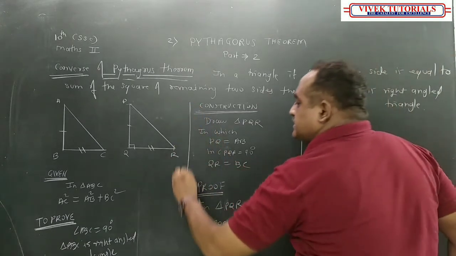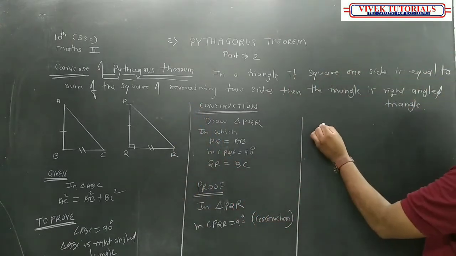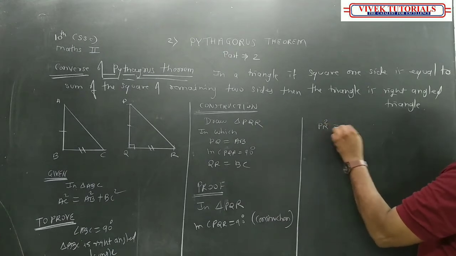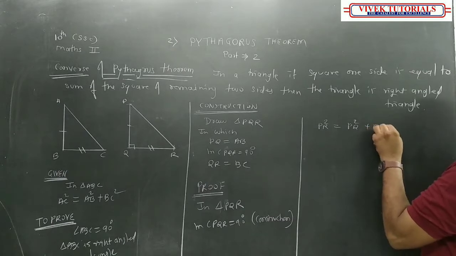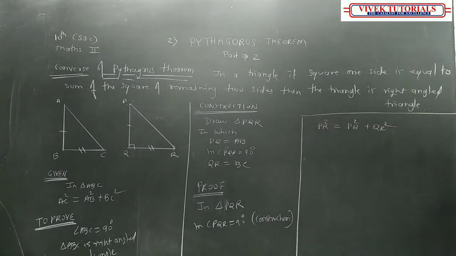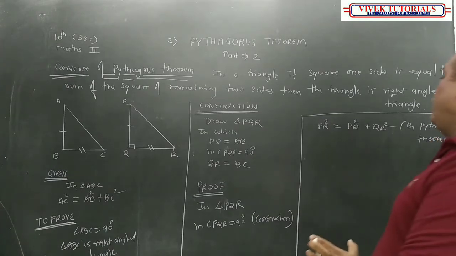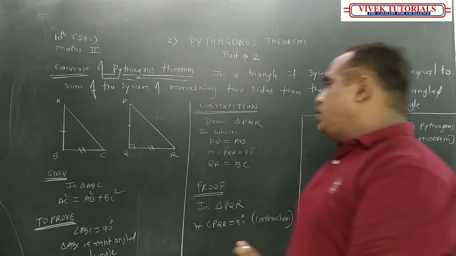What is the Pythagoras theorem? PR square is equal to PQ square plus QR square. Because we have studied this, I can write by Pythagoras theorem. Is it right? So PR square is equal to PQ square plus QR square.